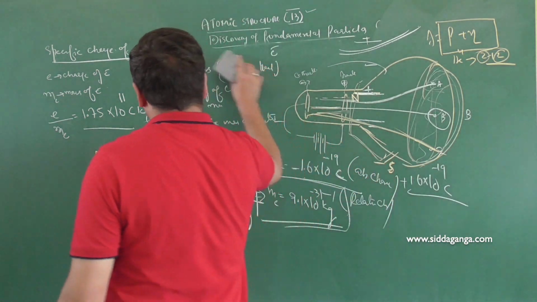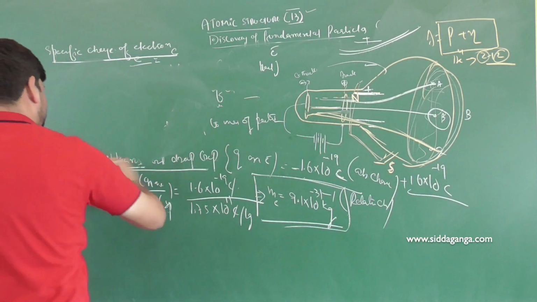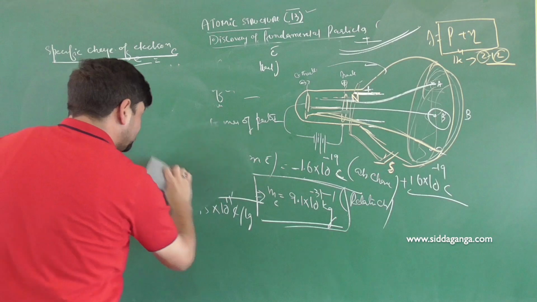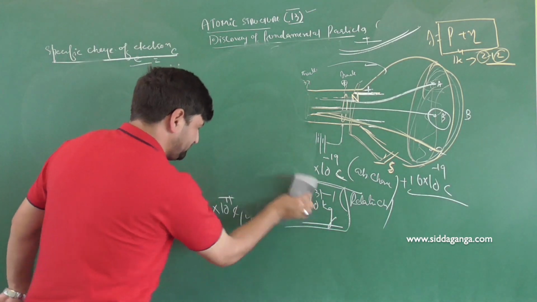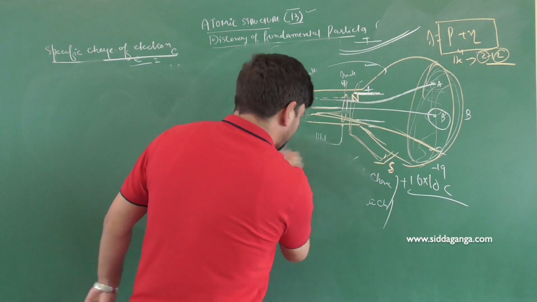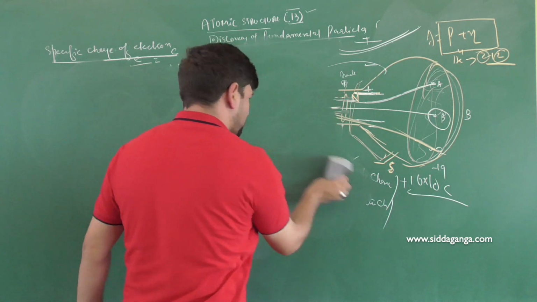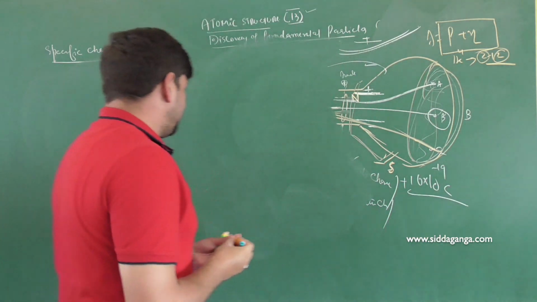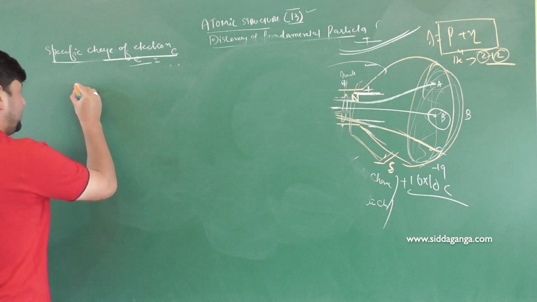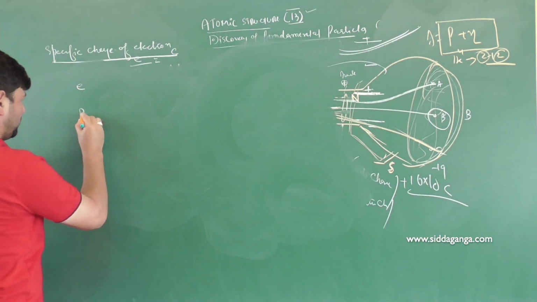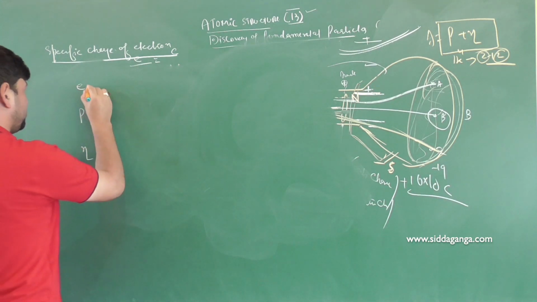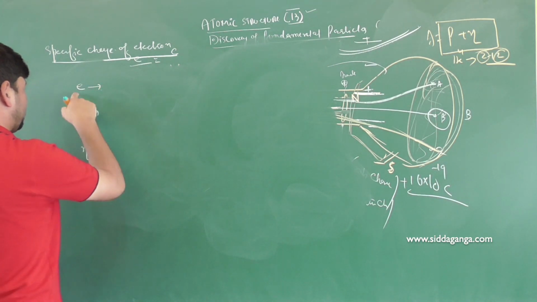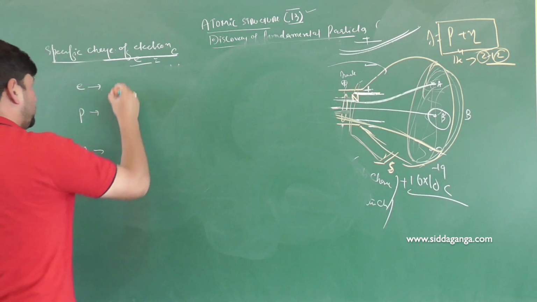So important parameters are: we have electron, we have proton, and we have neutron. So for electron, what is the charge?